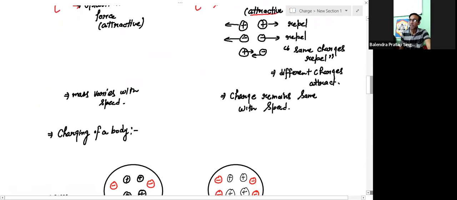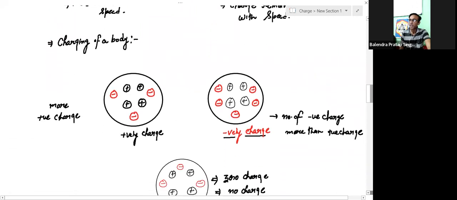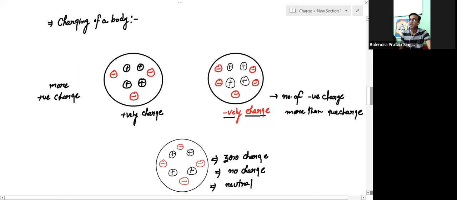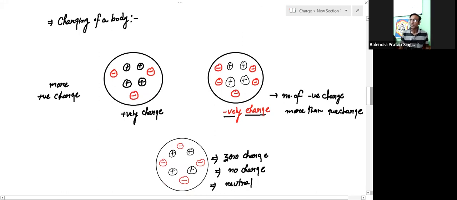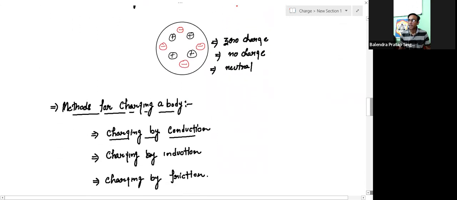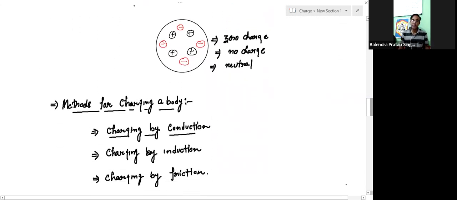And after that, I discussed charging of a body. First I discussed what is a positively and negatively charged body. After that, methods of charging. In methods of charging, I showed charging by conduction, charging by induction, and charging by friction.